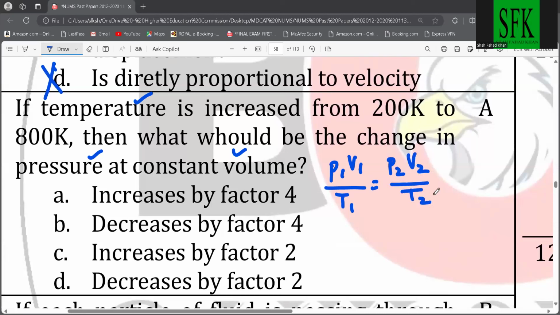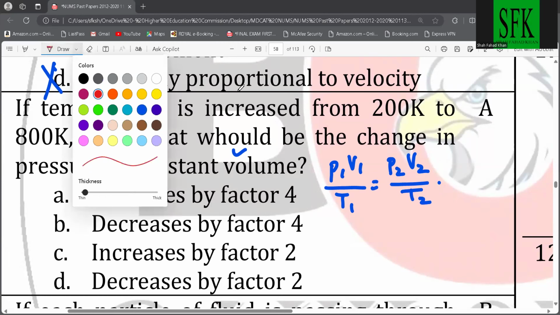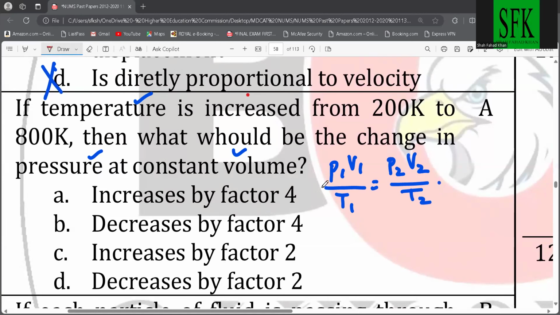This is also a modified form of the general gas equation, the ideal gas equation. You can just plug in the values in here. Okay, so 200 Kelvin to 800 Kelvin, and what would be the change in pressure at constant volume? Oh, okay. They're just asking about pressure. Volume is staying constant, so we can just remove the volume. It's just P1 over T1 equals P2 over T2.